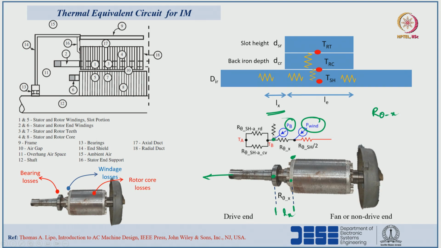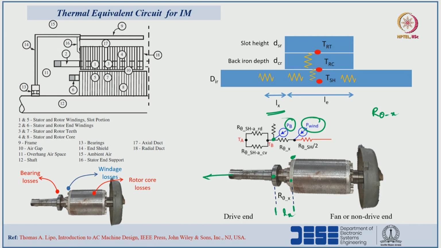Here I am directly neglecting the T type network for simplicity with respect to the mechanical losses. Only with respect to the main nodes, stator core and stator winding and rotor core and rotor winding, I am representing the T type network to minimize the complexity.